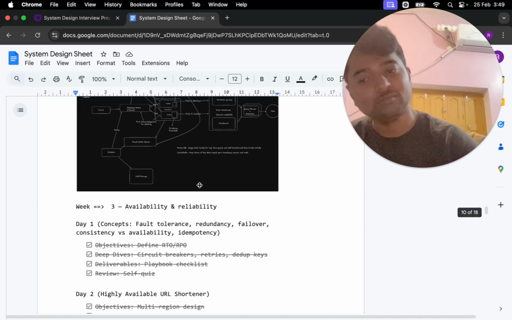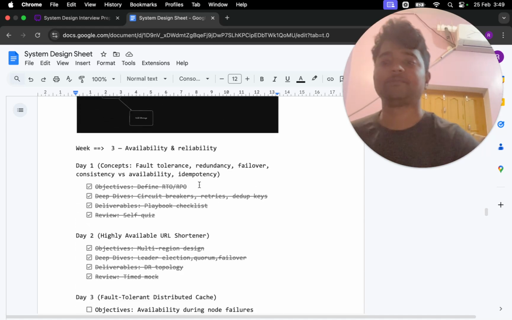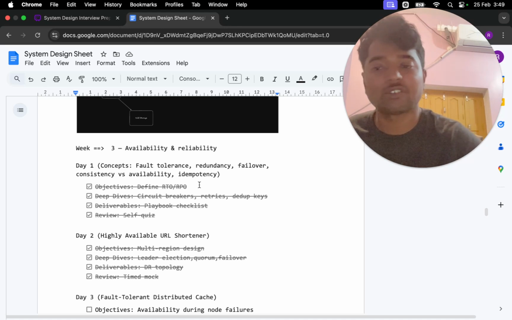Then it comes to the third week. In the third week, the topic is about availability and reliability. This is more about how you keep your system running. This is not a simple task.